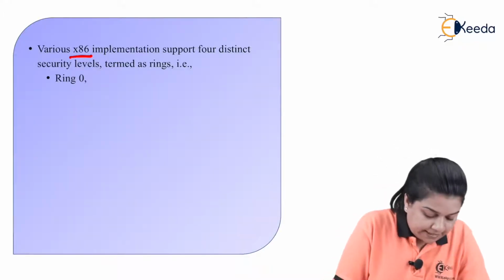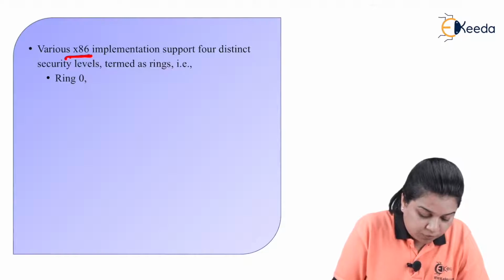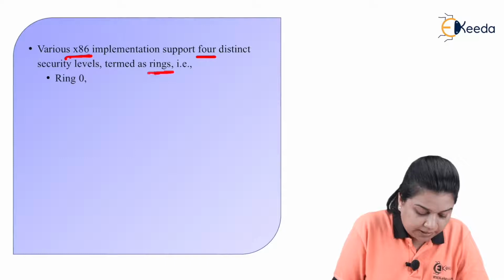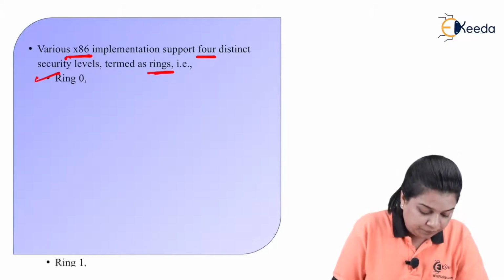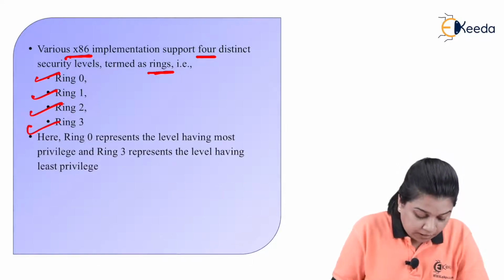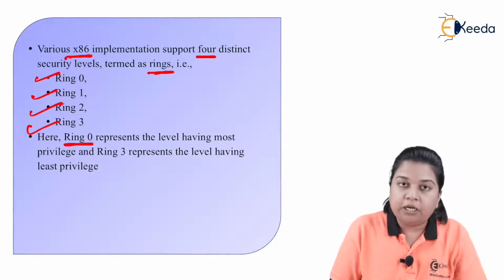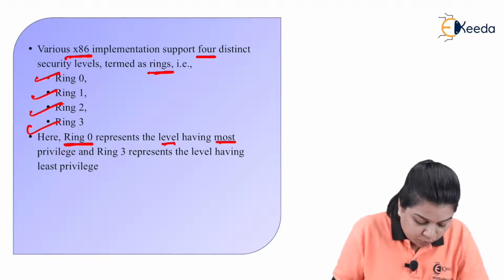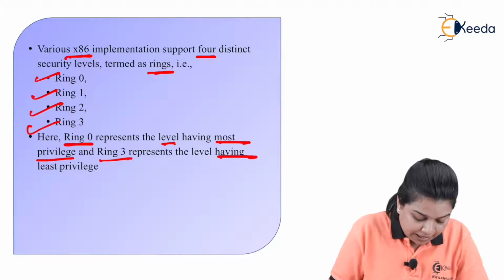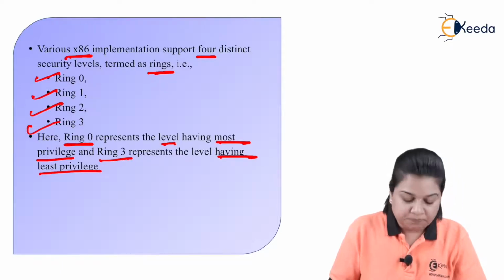Now, various x86 implementations support 4 distinct security levels termed as rings. That is ring 0, ring 1, ring 2, and ring 3. Here, ring 0 represents the level having the most privilege, and ring 3 represents the level having the least privilege.